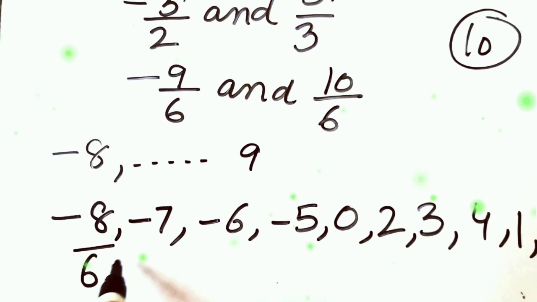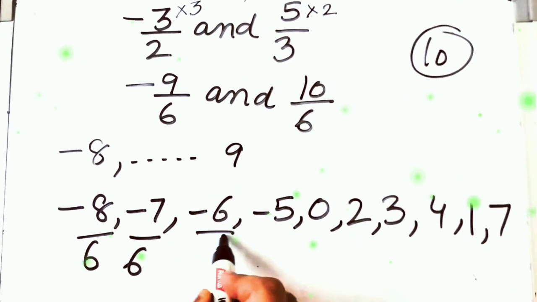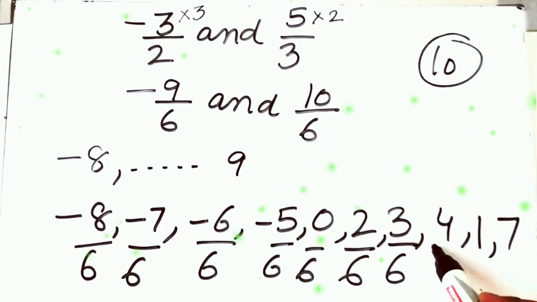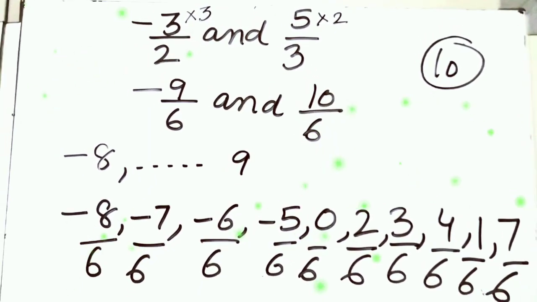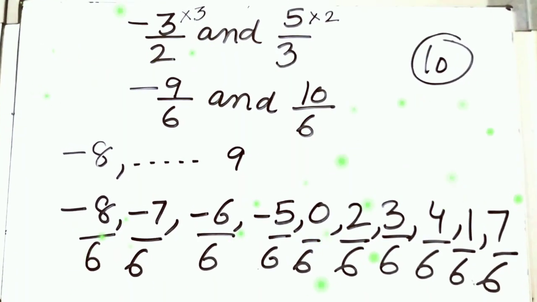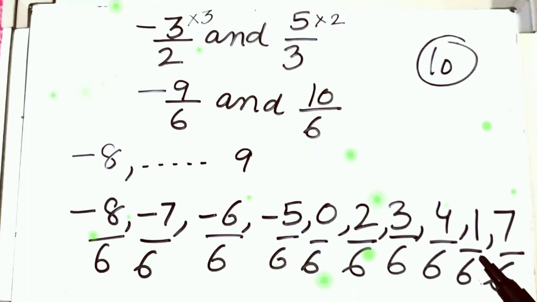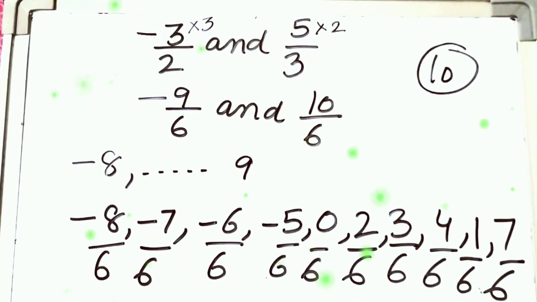Okay, and in the denominator I just have to write 6. So this is a way where you can find rational numbers between two rational numbers.